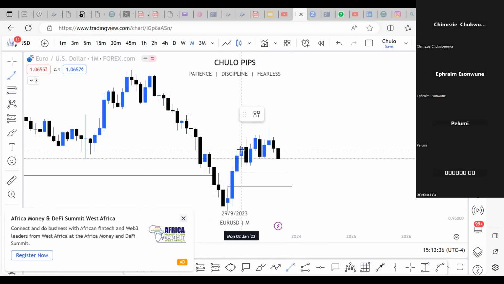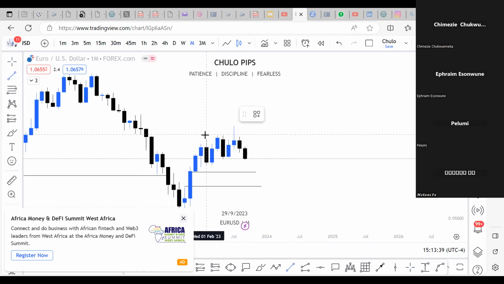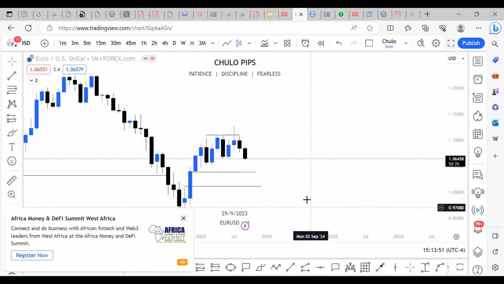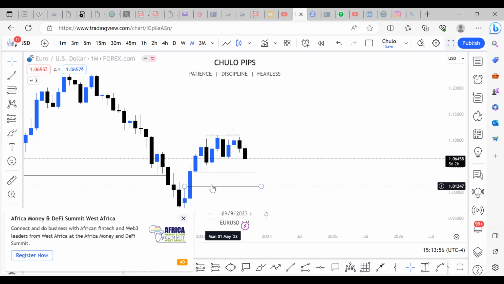And if we look closely, we can see this buy stop liquidity here being raided with these stop points, which means we are dropping down to our strong draw on liquidity, which is the monthly FVG.